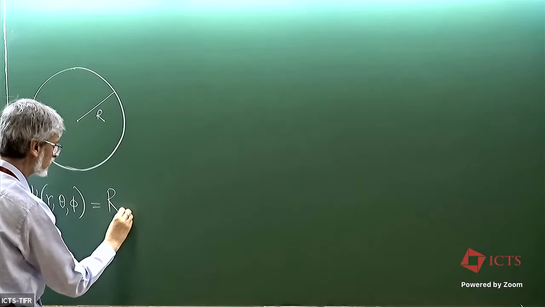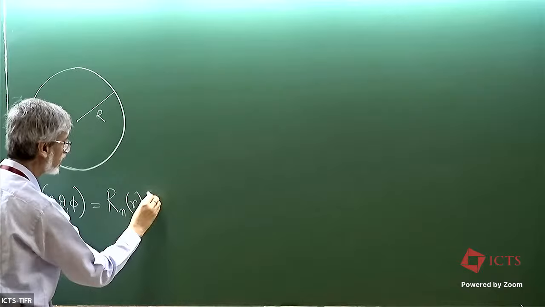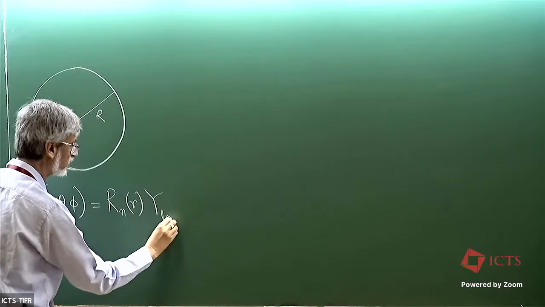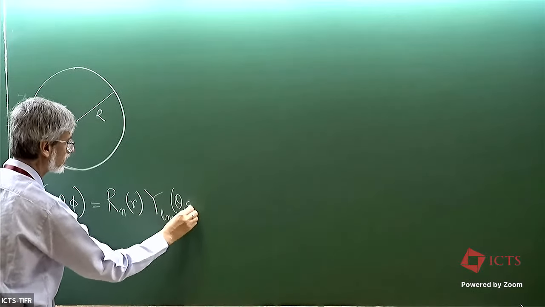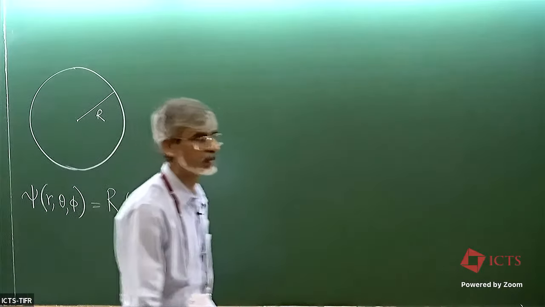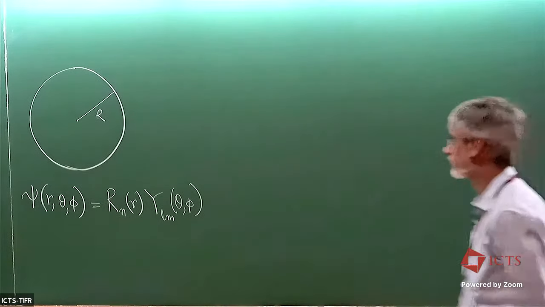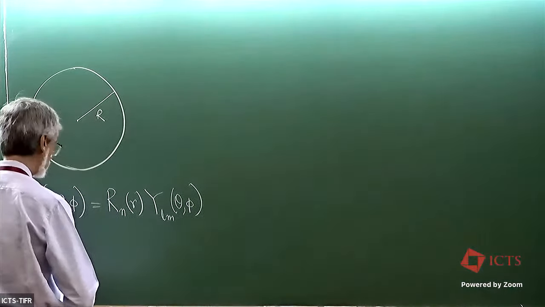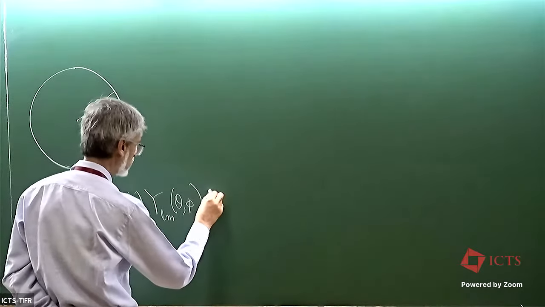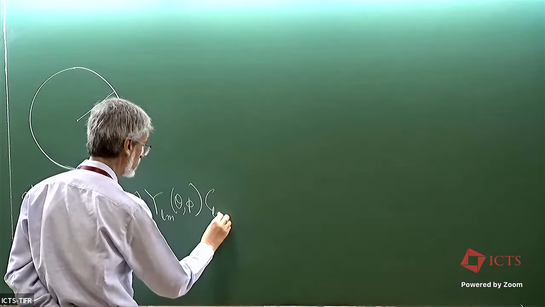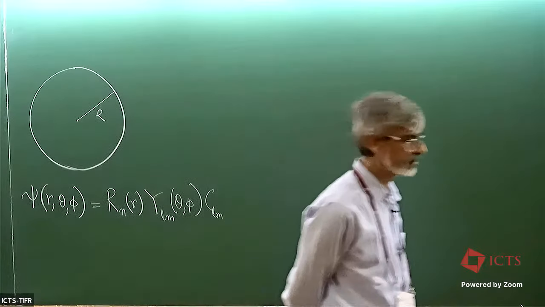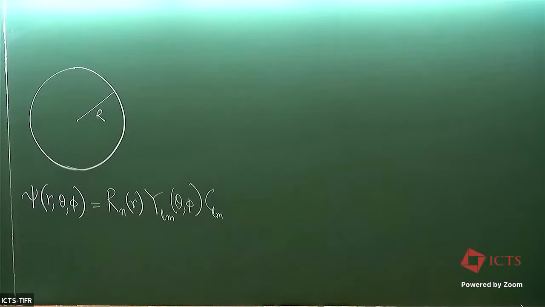So it's R_n, a function of r, and then you can use spherical harmonics to represent the theta-phi part, times some coefficient C_lm, which is the amplitude. So this is a general description of any oscillation mode that you can excite in a star like this.